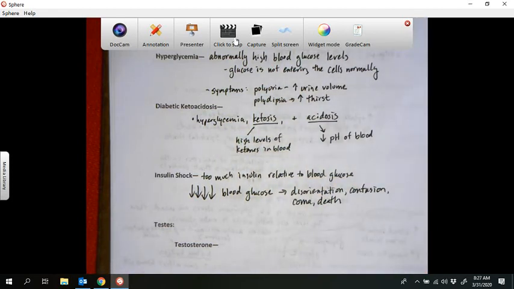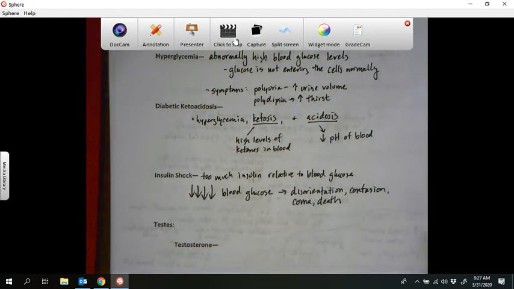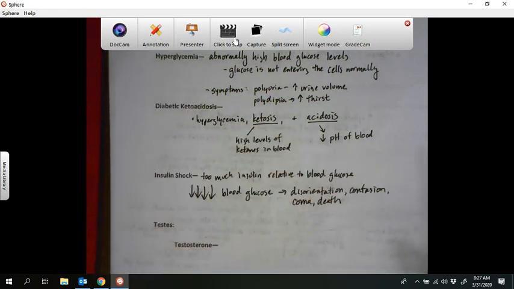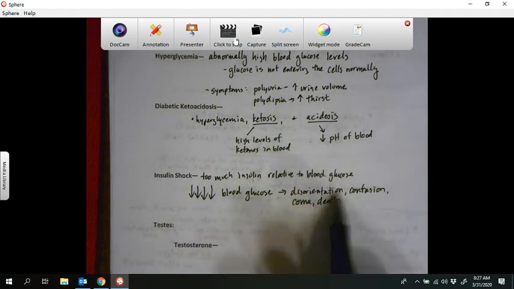So this would be what would happen if you were in hypoglycemia and your blood sugar crashed big time. Your body is producing insulin still, but there's very little blood glucose, and it keeps on getting used up because your brain needs it. Your brain is going to cause disorientation, confusion.